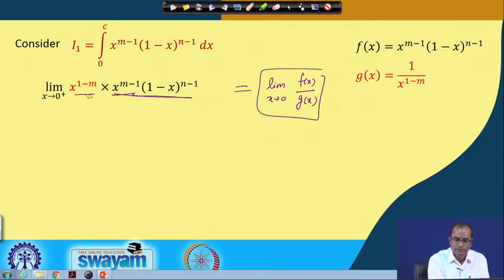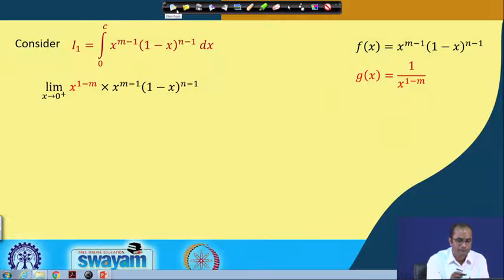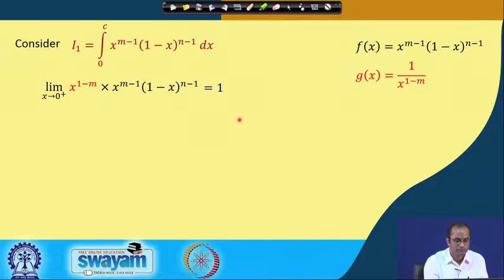So, x power 1 minus m will be multiplied there, and when taking the limit, this cancels out, and as x approaches 0 we will get 1. So, the limit of the ratio of f x and g x is 1.